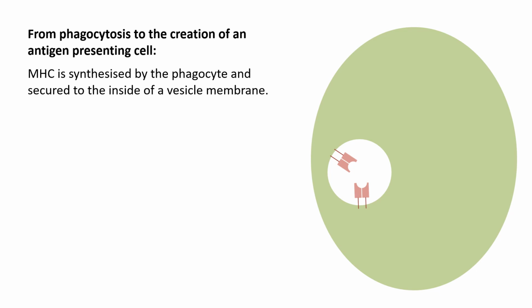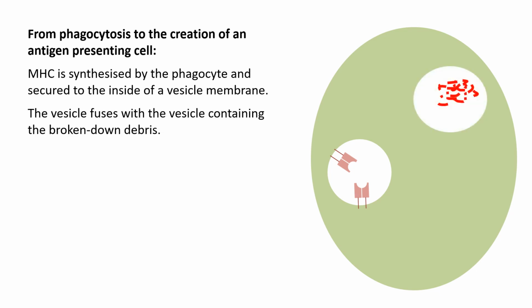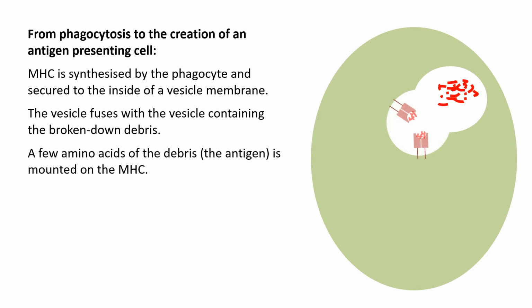It's MHC, but it's secured to the vesicle membrane, a bit like exocytosing more channels or more receptors. This vesicle then fuses with the vesicle containing the broken down debris, and a few amino acids of the debris, in other words the antigen, is mounted on the MHC.